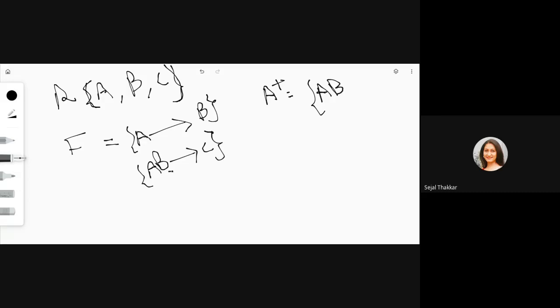And from this AB, I am getting C. So closure of A is ABC. It means from A, I'm getting everything. So there is no need of B. B is an extraneous attribute here. So what is the answer? The answer is A tends to B and A tends to C.